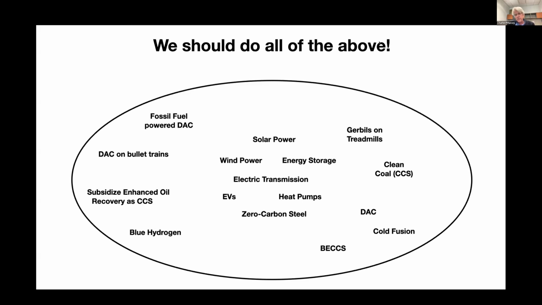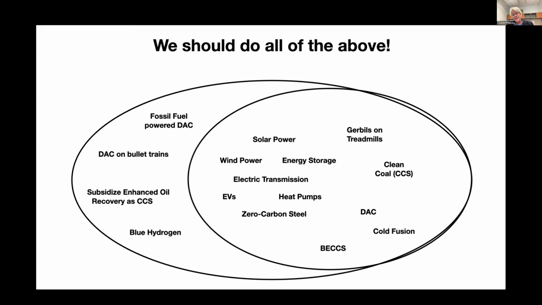And I have some jokes here, but to make that argument, if you think of this portfolio of things we could do, there's a surprising number of things that lie outside of what should be in all of the above because they actually increase emissions. And things like direct air capture, if the energy to do it isn't managed correctly, it actually increases emissions. So it shouldn't be in there.